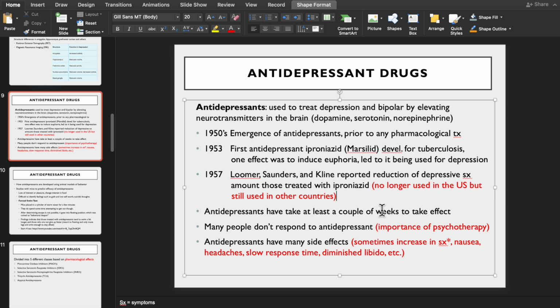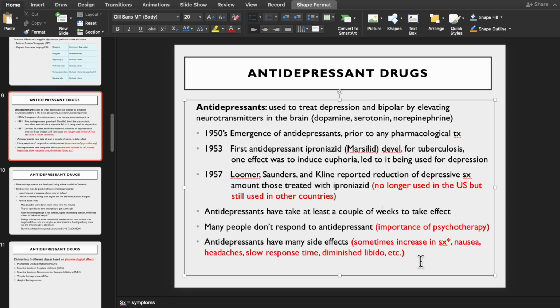So antidepressants take at least a couple of weeks to start working, and there's quite a bit of the population that doesn't even respond to them. So it's important that other methods are being used, such as psychotherapy, because long term, that's the most effective.